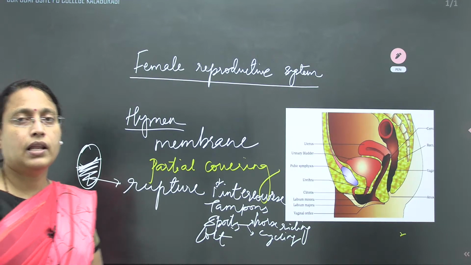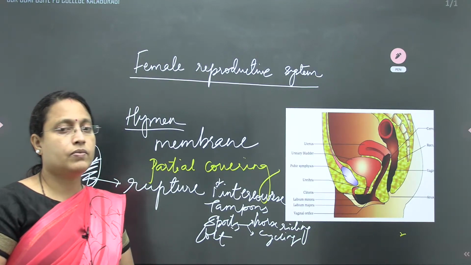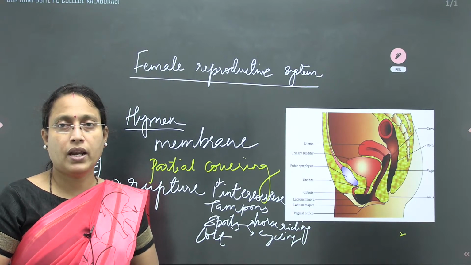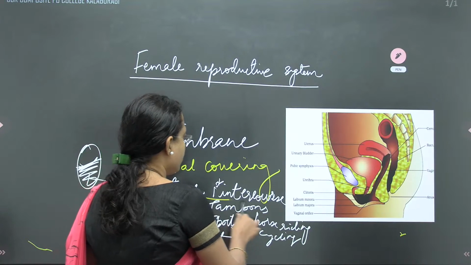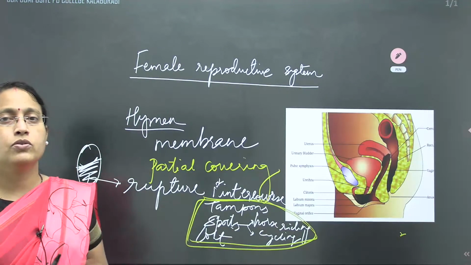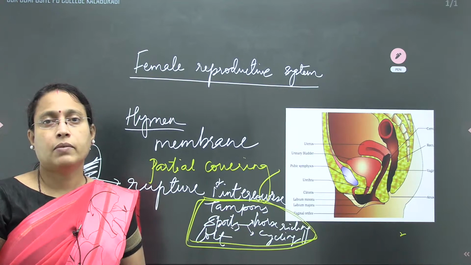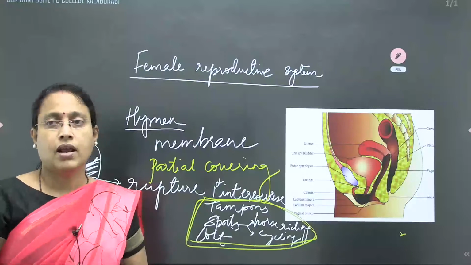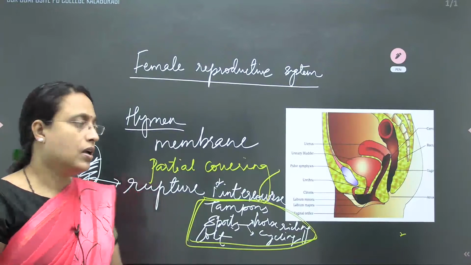So in the earlier days, it was used to determine the virginity of the female. But now, since it is known that it can also rupture due to various causes as mentioned here, and also certain women by birth itself will not have the hymen, and certain women can have persistent hymen even after various activities.